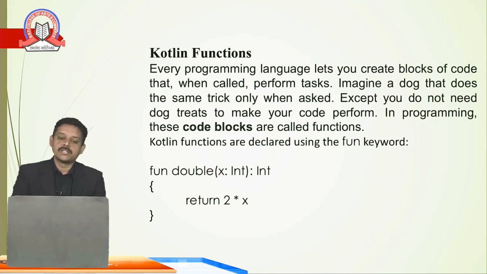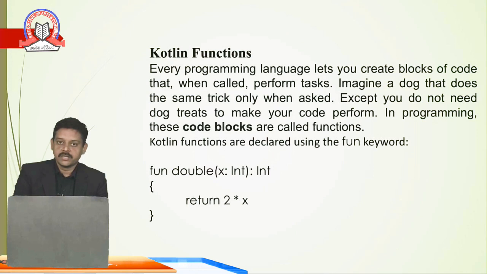As you can see on the screen, we have given an example. There is a function which is named double, and to create a function in Kotlin we use the fun keyword. So we have created one function, fun double. Now we are using one parameter, which contains x as the name of the variable, followed by the type.